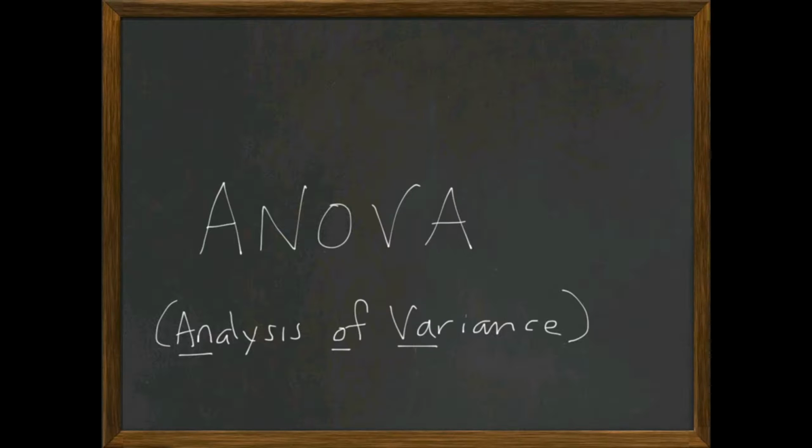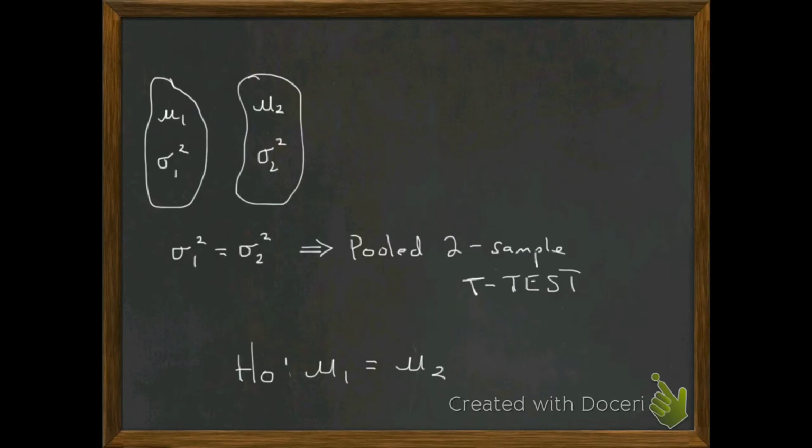Okay, guys, a good way of thinking about ANOVA is it's very similar to a pooled t-test. Similar, but not the same. What we start out with in a pooled t-test is population number 1 and population number 2. A two-sample t-test deals with two populations.